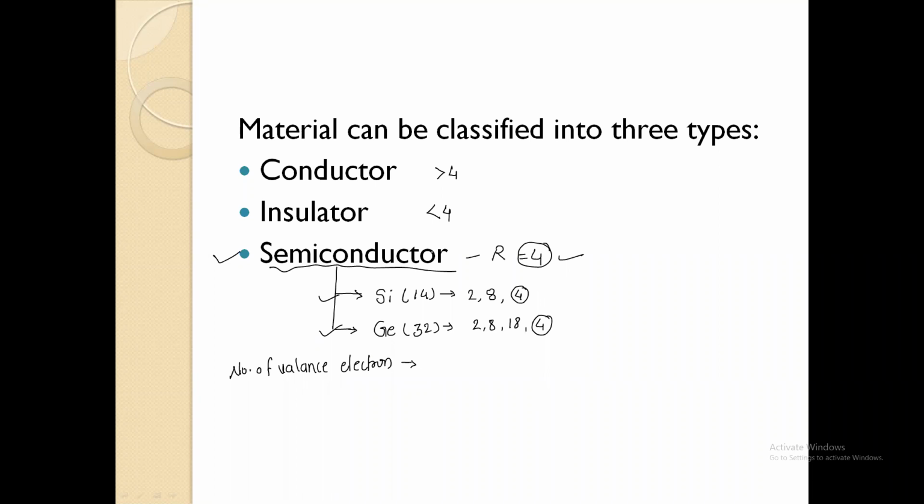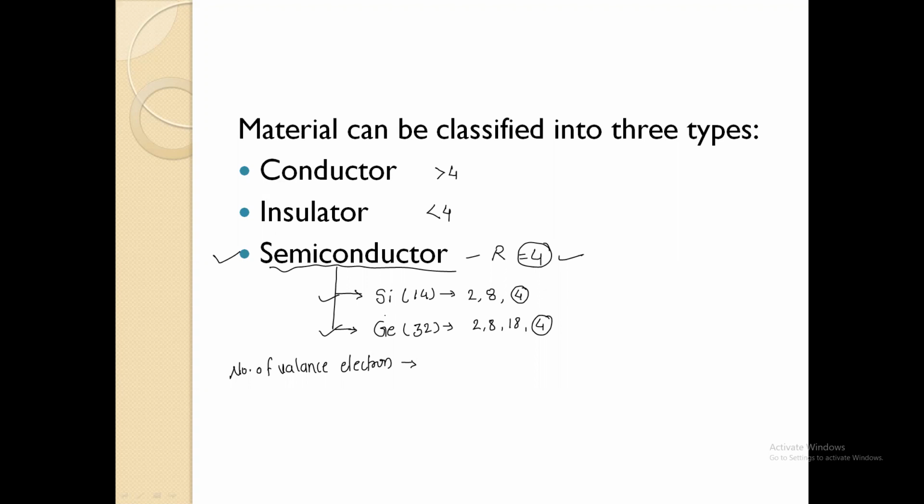Get my point? So what are the basic properties of the semiconductor material? The material consists of 4 valence electrons. It lies in between conductor and insulator. The resistance of a semiconductor is greater than the conductor and less than the insulator. And these are the two semiconductors, silicon and germanium.